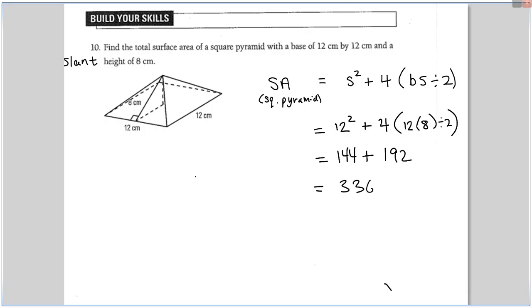And this one's 336 centimeters squared. So you may want to add that to your yellow sheet, because on the yellow sheet, it only has if it's a rectangular base, and it screws kids up all the time.